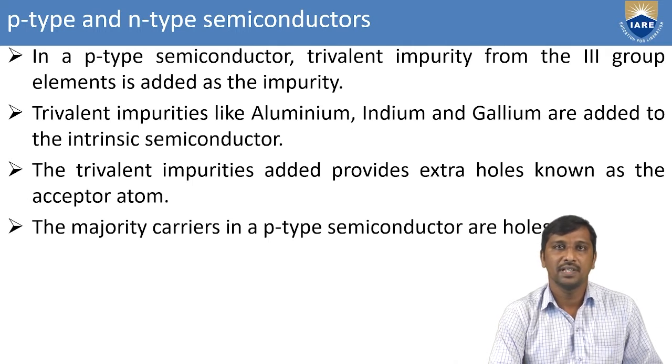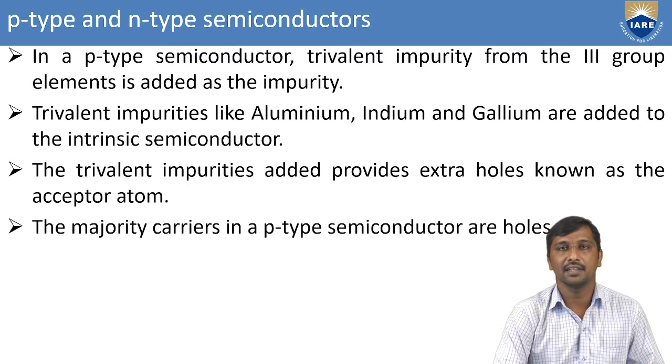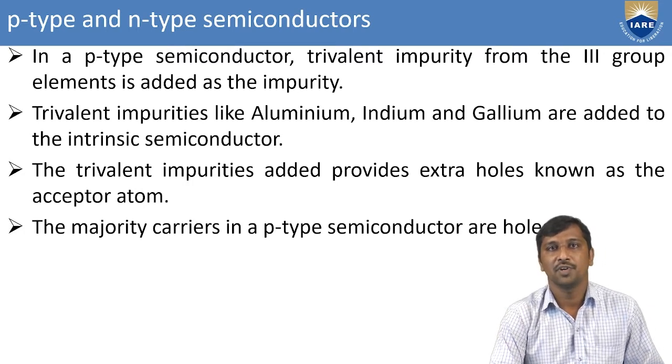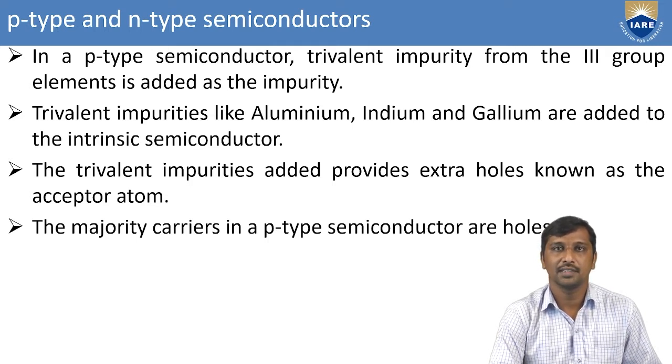Based on these doping levels, we are forming two types of materials: the P-type extrinsic semiconductor and the N-type extrinsic semiconductor. First we form the P-type semiconductor. To form it, we add trivalent impurities to the pure semiconductor, so it acts as the P-type extrinsic semiconductor.